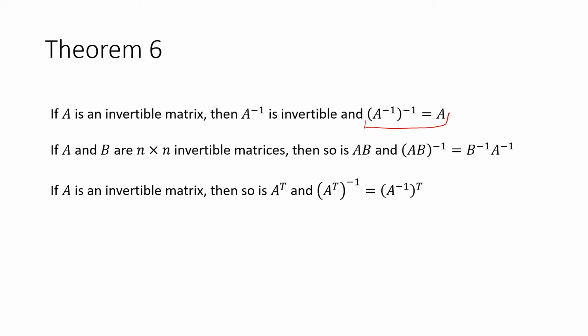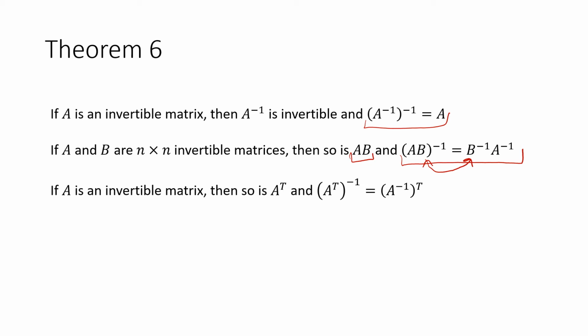If A and B are square invertible matrices, then so is AB. So in other words, if you have two invertible matrices and you multiply them together, the matrix that you get is itself invertible. And the inverse of that is equal to B inverse times A inverse. Note how the order of the matrices change when you take an inverse.